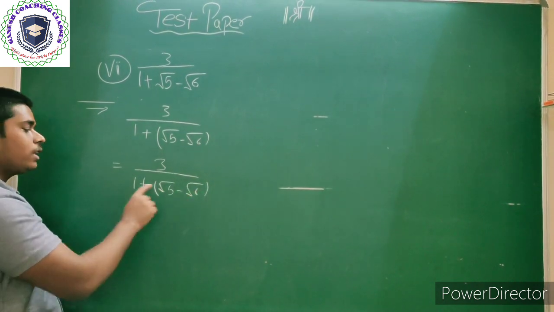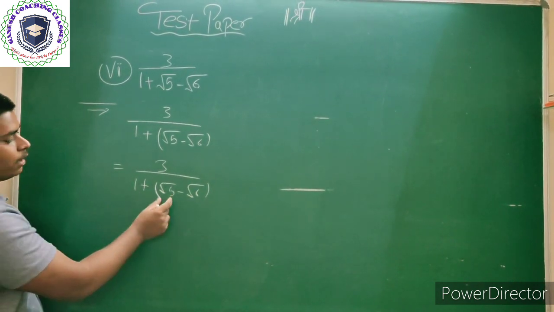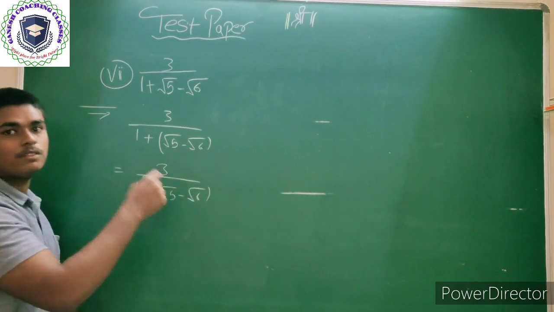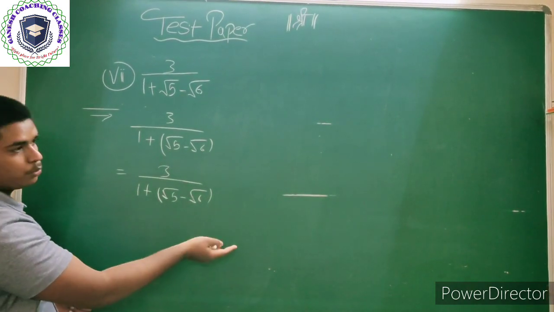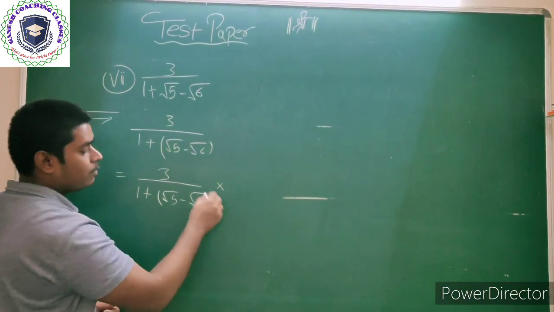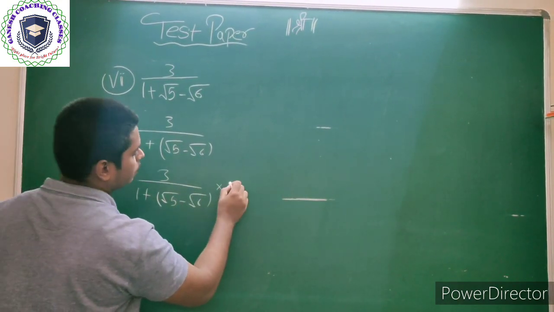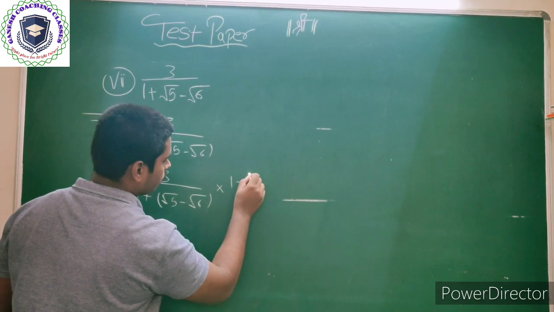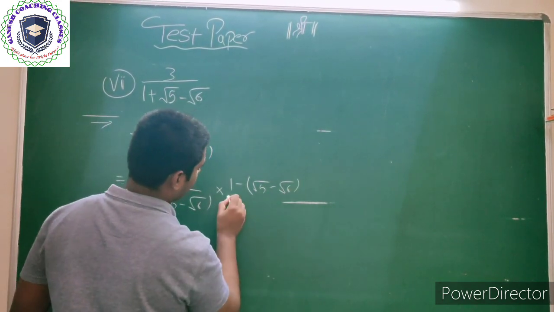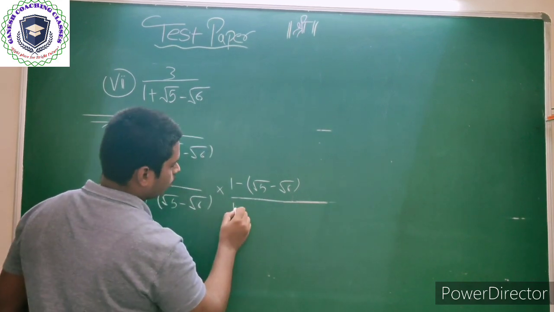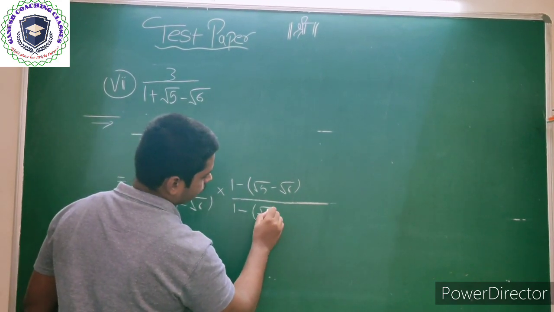We are assuming here that 1 is one number and root 5 minus root 6, this pair, is another number. So what will be the conjugate? 1 minus root 5 minus root 6. So we will multiply 1 minus root 5 minus root 6 into the numerator and the denominator, root 5 minus root 6, in the numerator as well as the denominator.